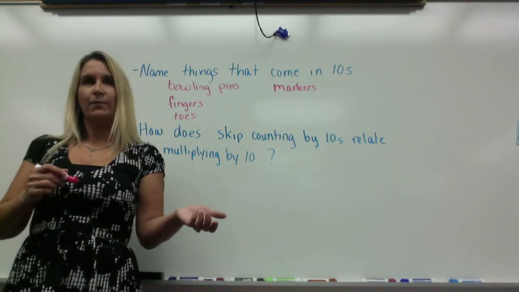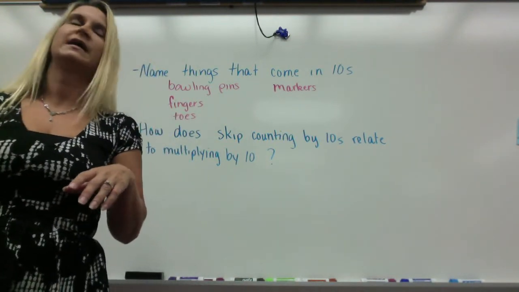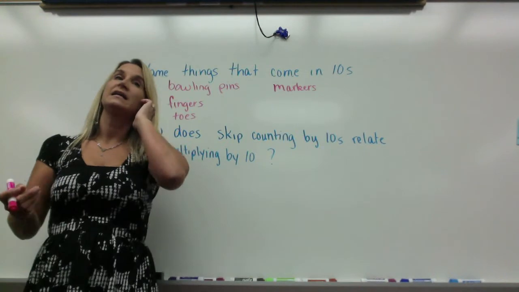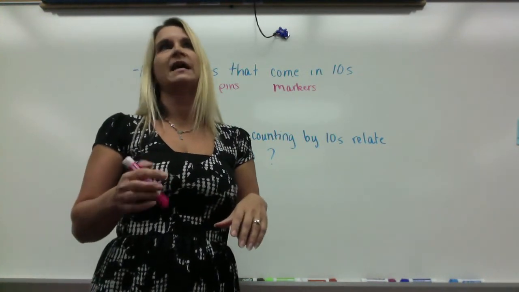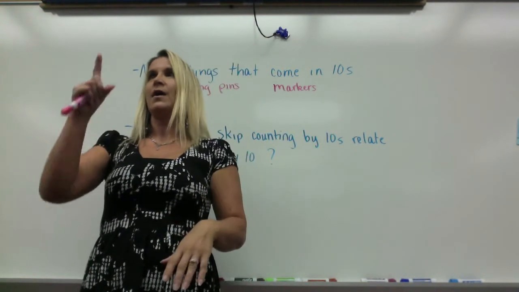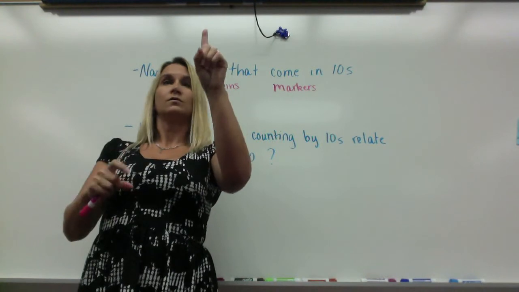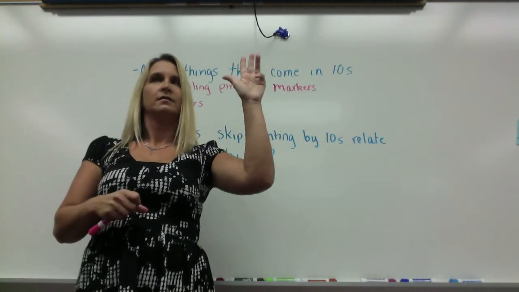So if you skip count by tens and you multiply by 10, you would come out with the same answer. An example would be if I was skip counting by tens and I did it 6 times. I would say 10, 20, 30, 40, 50, 60.